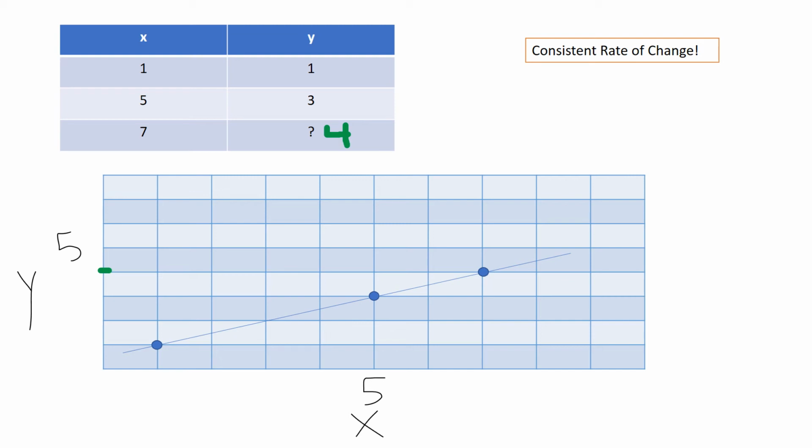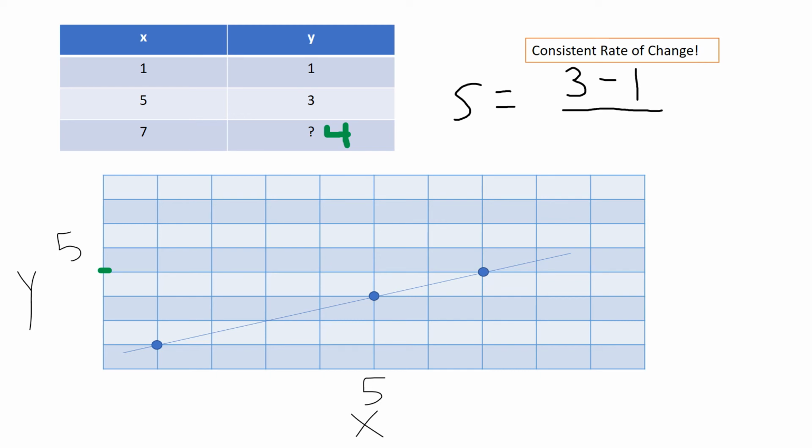So that's one way to do it. Another way to do it is to find the rate of change, right? So the rate of change or the slope is the difference in the y's divided by the difference in the x. So we could do it this way. So we could say the slope equals 3 minus 1. So the y's go on top. It doesn't matter which way you do it. You just have to do it consistently for the x's too.